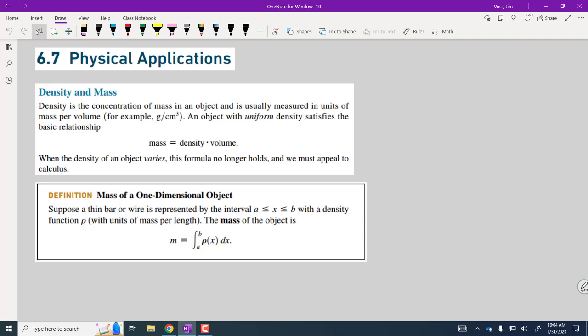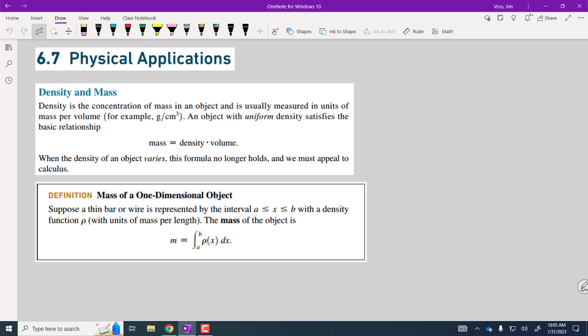We're thinking of mass per unit volume. So if you have something that's super flat and thin, you could talk about mass per unit area instead of mass per unit volume, and that would be a 2D density problem. So if you have a sheet of metal, and it's super thin, we're going to think of that as a two-dimensional problem. So we'll do mass per square unit instead of mass per cubic unit.